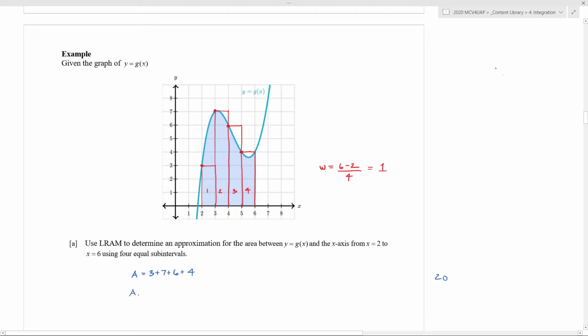So our total area using LRAM is 20. Notice again the red dot is the top left-hand corner of the rectangle lining up with the curve.